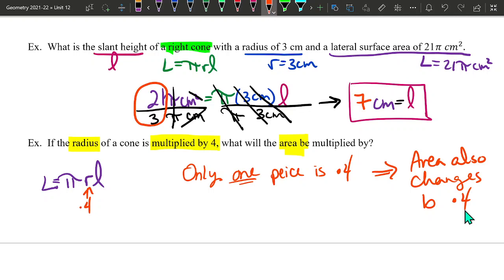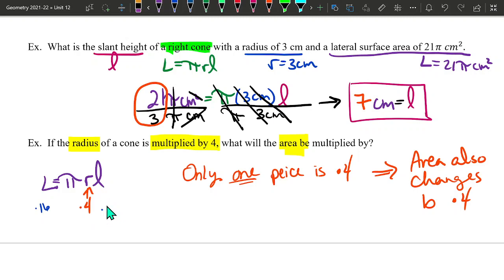Remember, like the one from the other note said, if I change the radius and, what was the other thing? In this one, it would be radius and slant height. If we change both dimensions, then how does it change the area? Well, if I were to change both dimensions in this problem, the radius times 4 and the slant height times 4, that would equal changing the lateral area by 4 times 4, which would be by 16, because these would be balanced, the same amount on both sides.